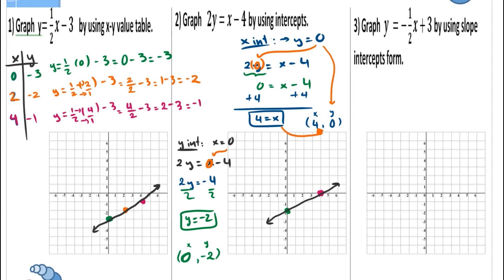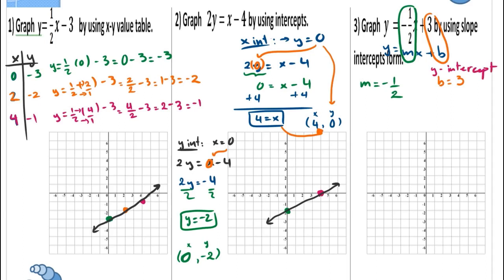Number 3 is the last one. Graph y equals negative 1/2 x plus 3 by using slope-intercept form. Slope-intercept form is y equals mx plus b. So that will let you know that your m is negative 1/2, and b is 3. B also represents the y-intercept.